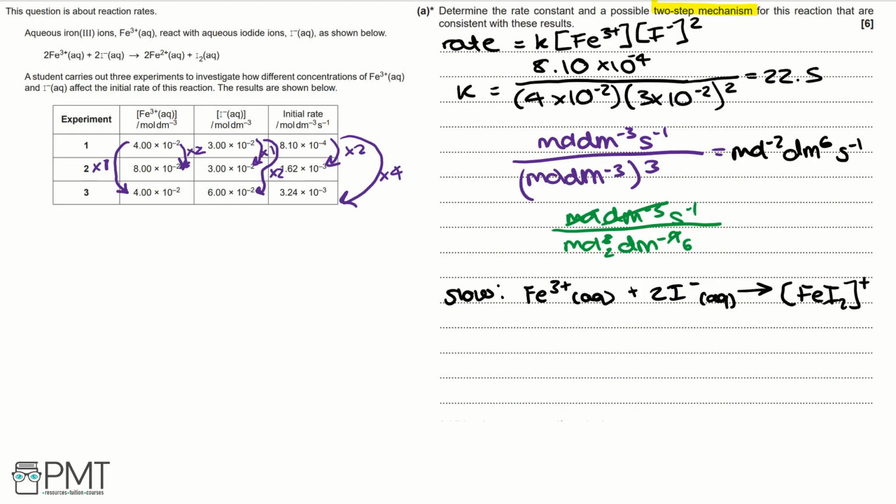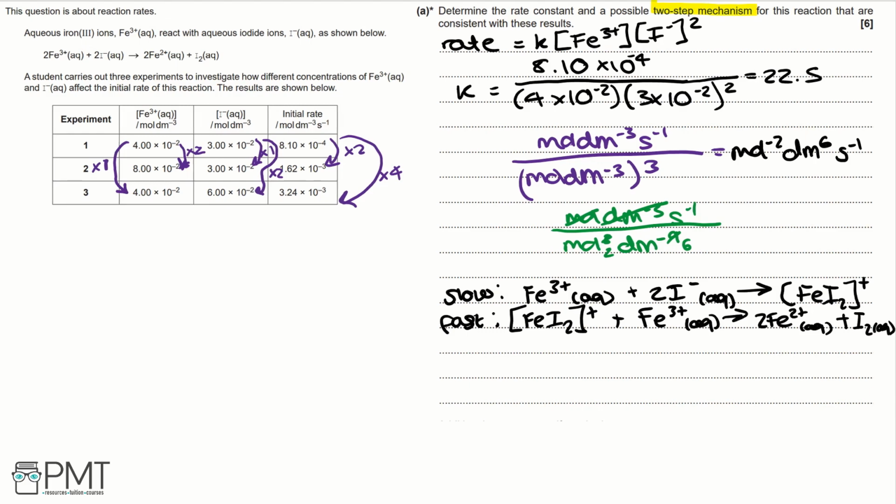And then for our fast step, we write Fe2+, so what we've just produced in our slow step, plus Fe3+ (aq) produces 2Fe2+ (aq) plus I2 (aq).